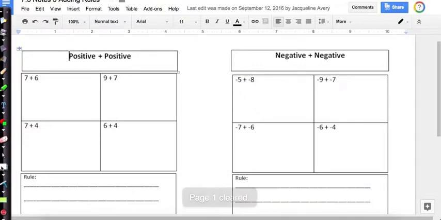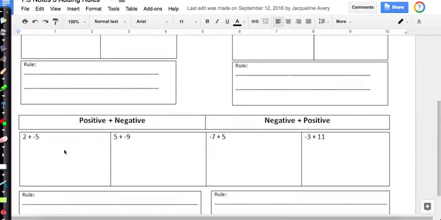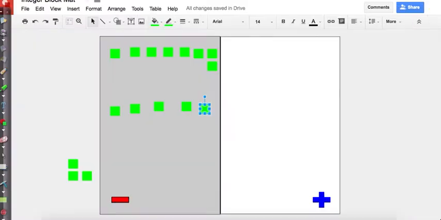So let's take a look at our first example here. And it says 2 plus negative 5. So I'm going to go back to my integer mat, and we're going to do 2 plus negative 5. So I can keep those 5 negatives there.